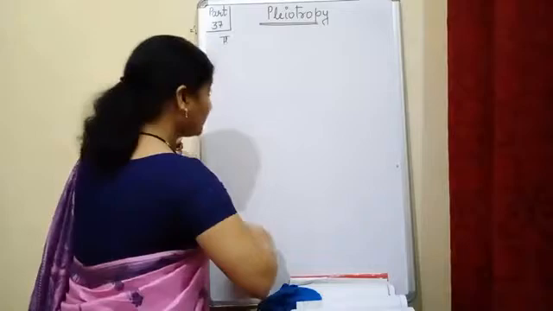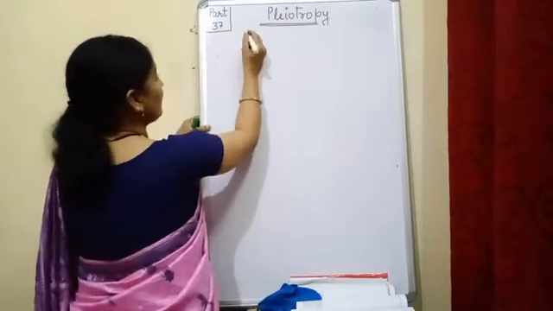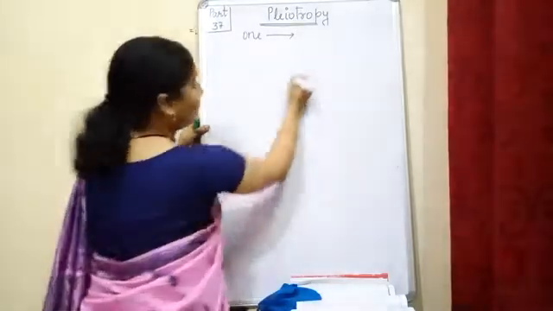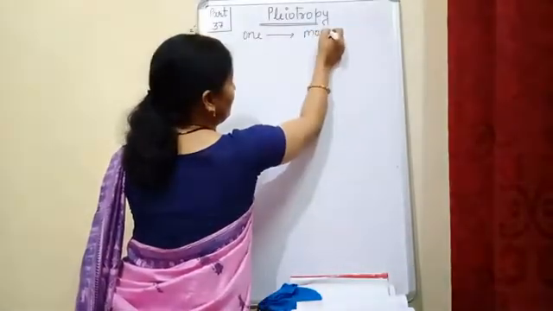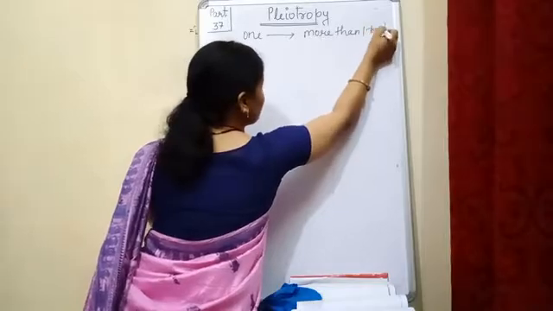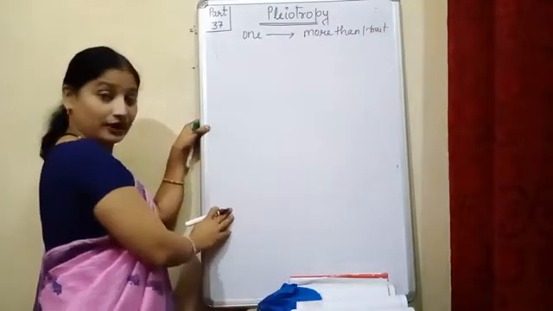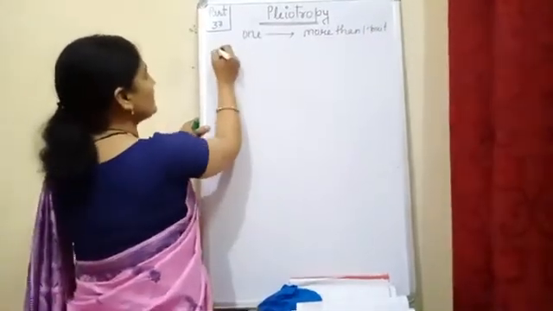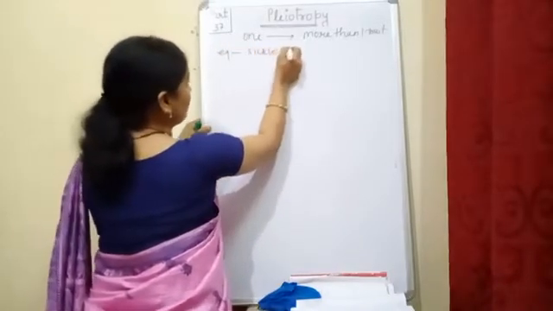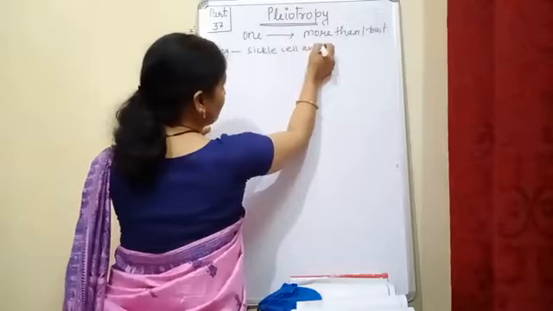Now, what is pleiotropy? One gene is responsible for more than one trait. Remember this. And we are discussing the example of sickle cell anemia.